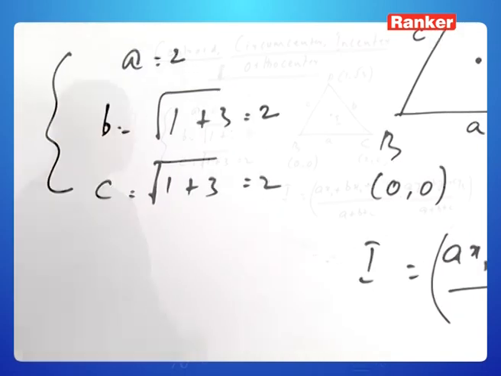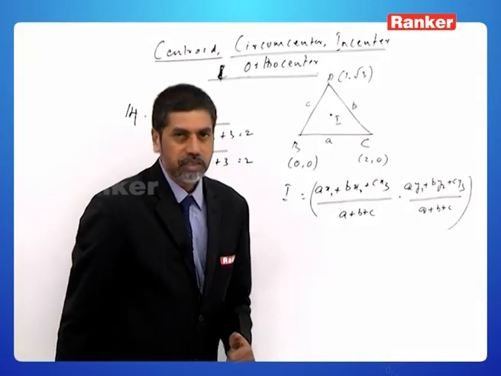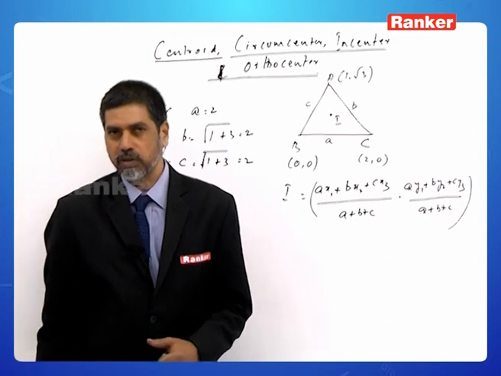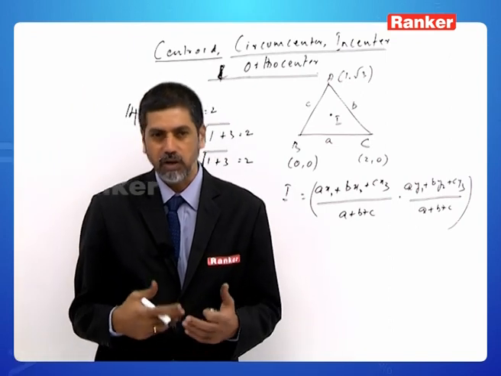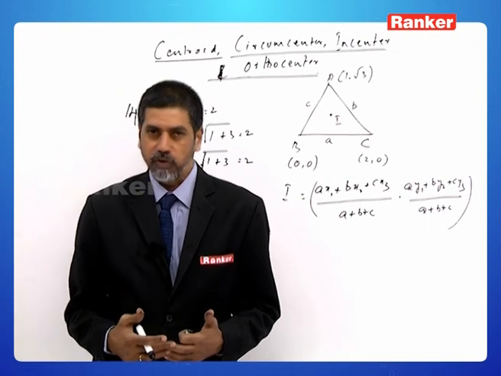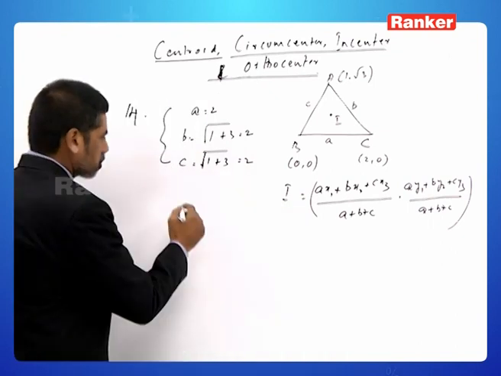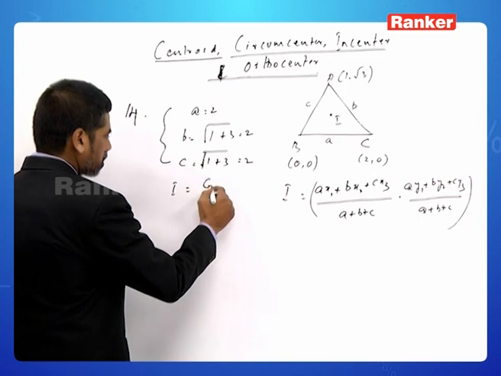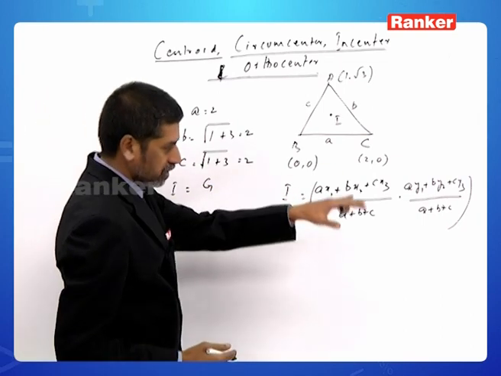So you can easily see that the triangle has become equilateral. The moment the triangle is equilateral, you know, all these concurrence points become coincident. So therefore, you can exploit the situation that incenter is equal to centroid instead of calculating like this.